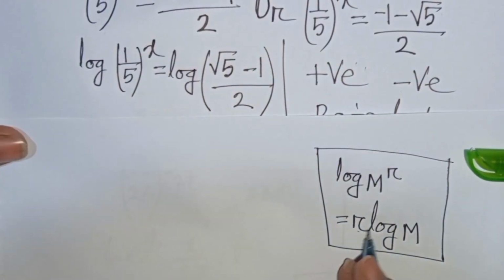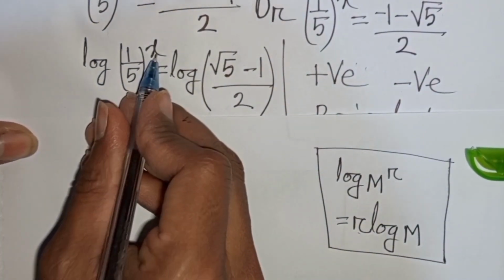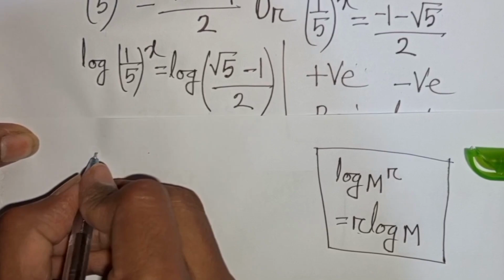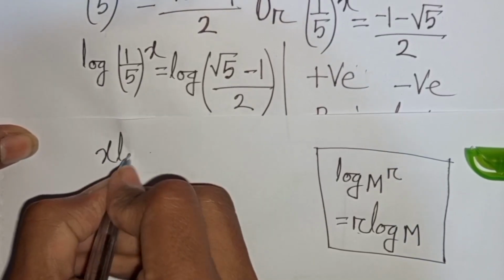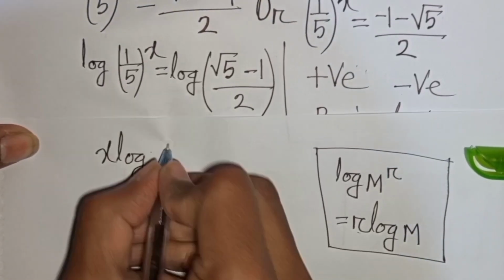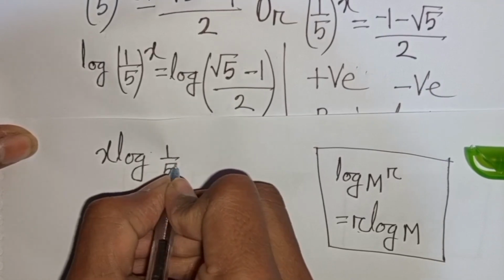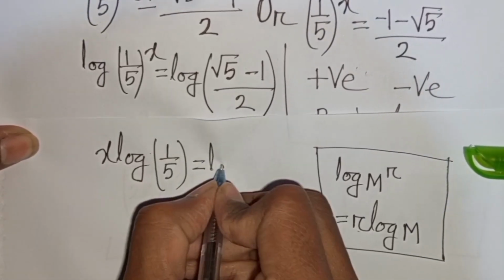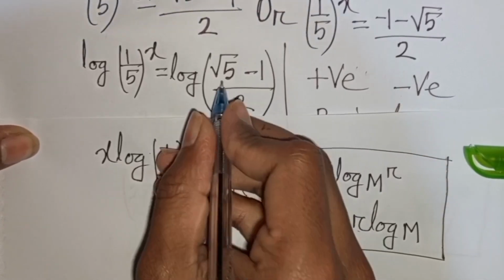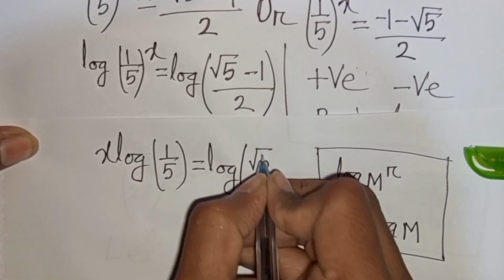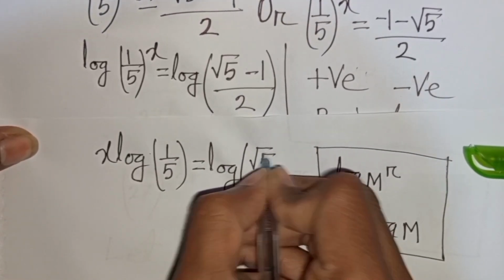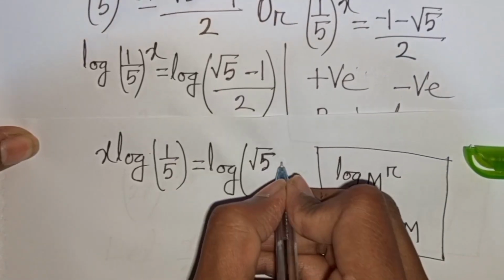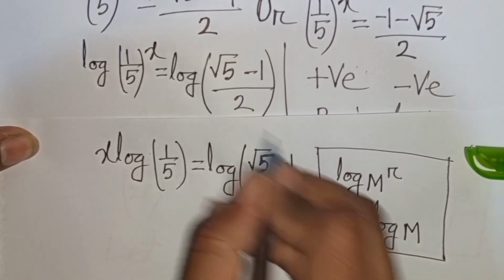So according to this rule, this power x will move in front. So you can write x log(1/5) is equal to log of (√5 − 1)/2.